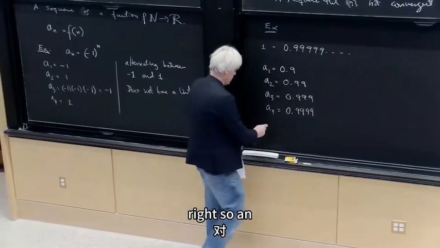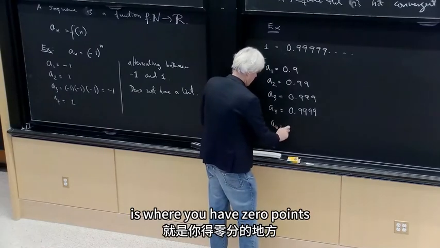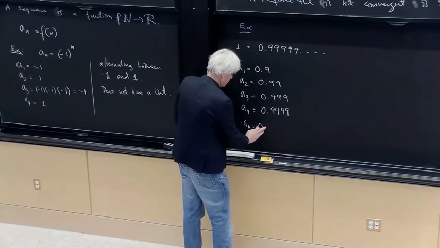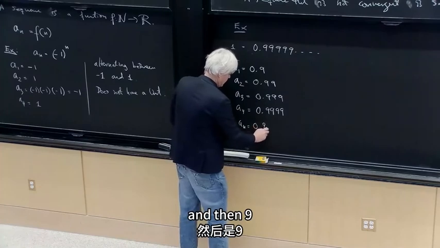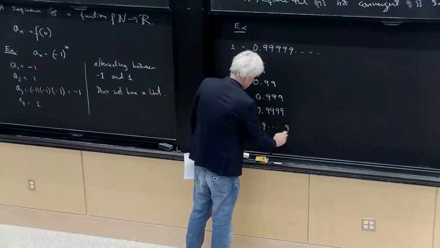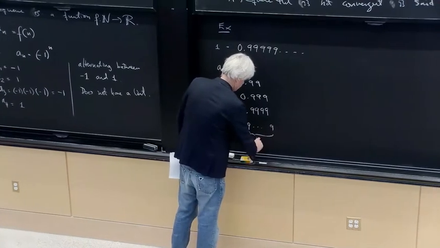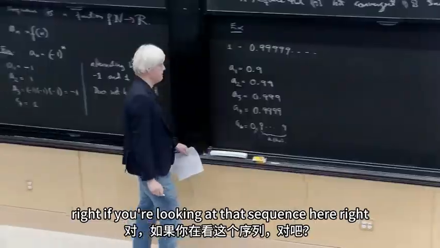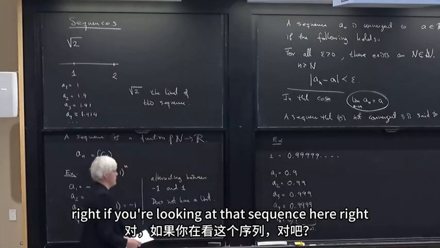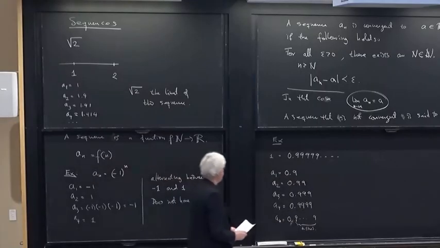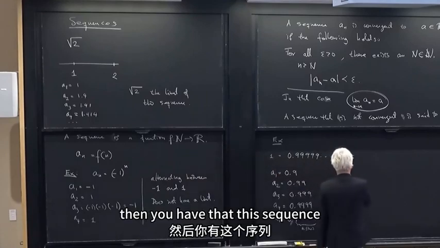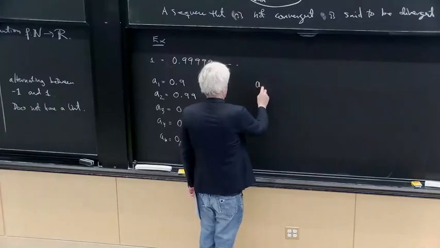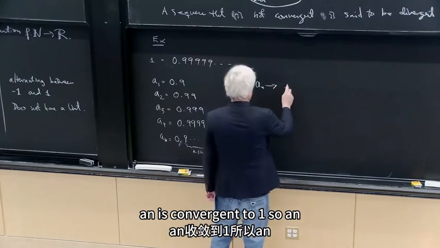So An is where you have 0. and then 9 n times. If you're looking at that sequence here, then you have that this sequence An is convergent to 1.